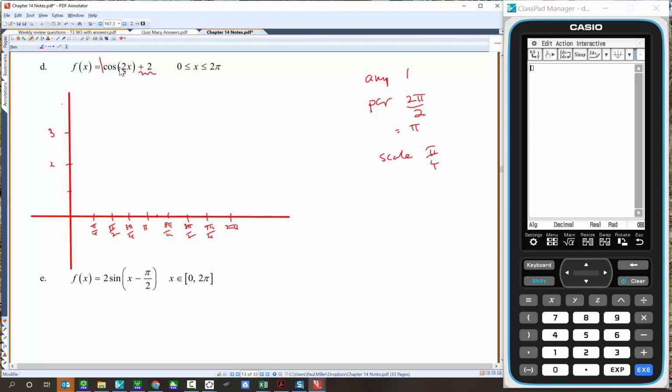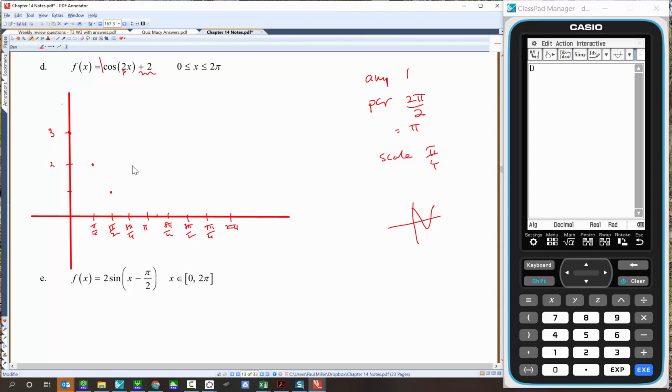Okay, so remember what we're dealing with now. We're dealing with cosine, and cosine starts high and goes low. So cosine would typically start at 1, but this translation 2 units up is going to mean that it starts at 3. Right, so what happens is cosine spills from high, like a bit of a waterfall, that's how I imagine it anyway, down to what we call the mean line, or the translation line, so it goes up 2 units.